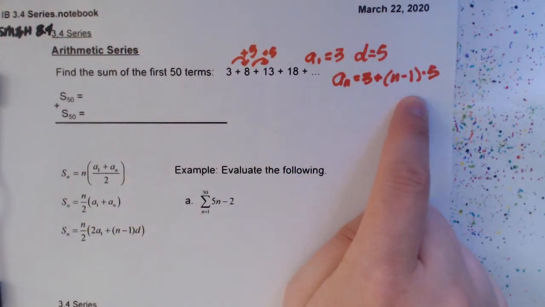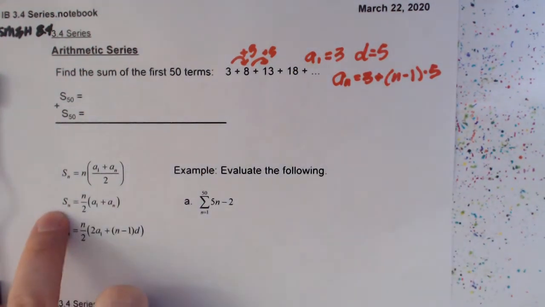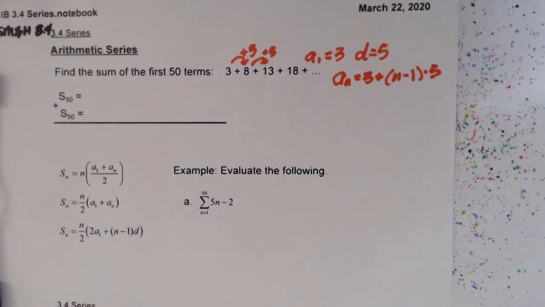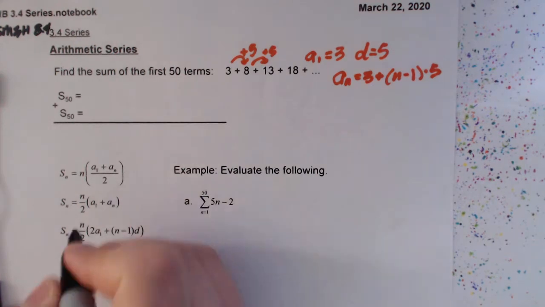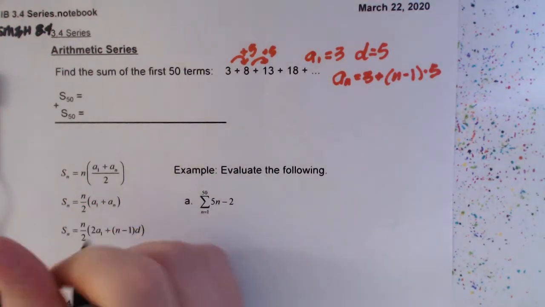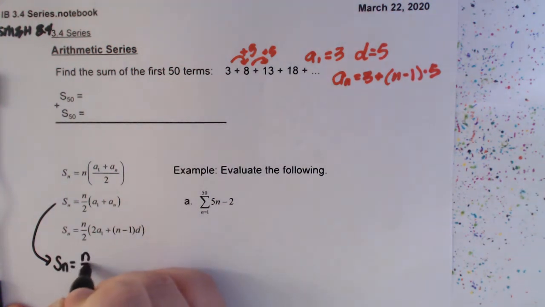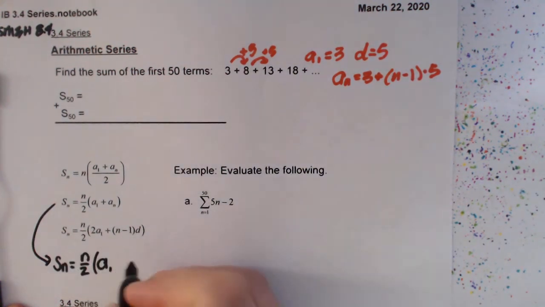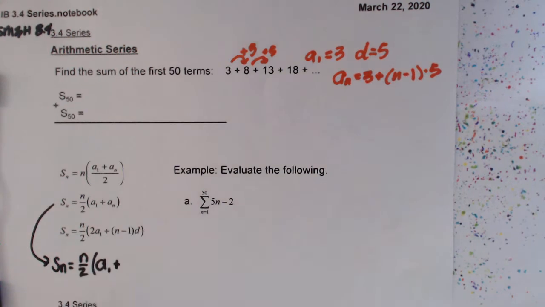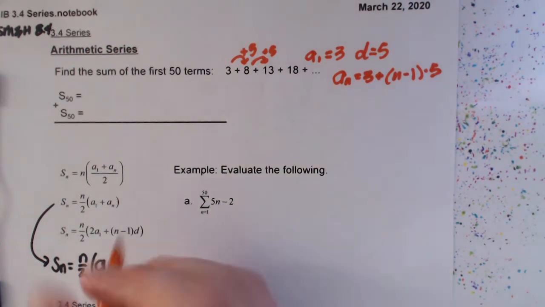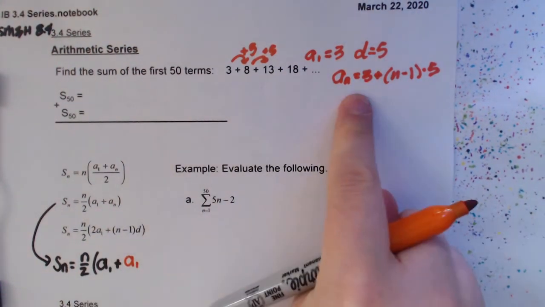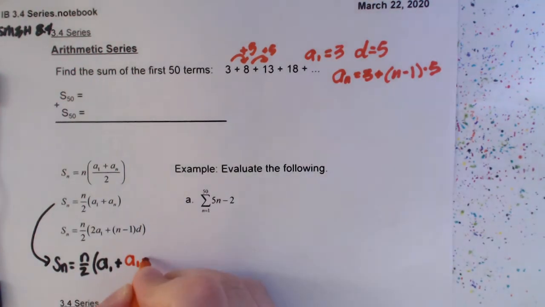This is also common. But sometimes, since we don't always have the last term and we have to use a way to find the last term, that's where this turns into this, because a subscript n is your first term plus n minus 1 times the difference.